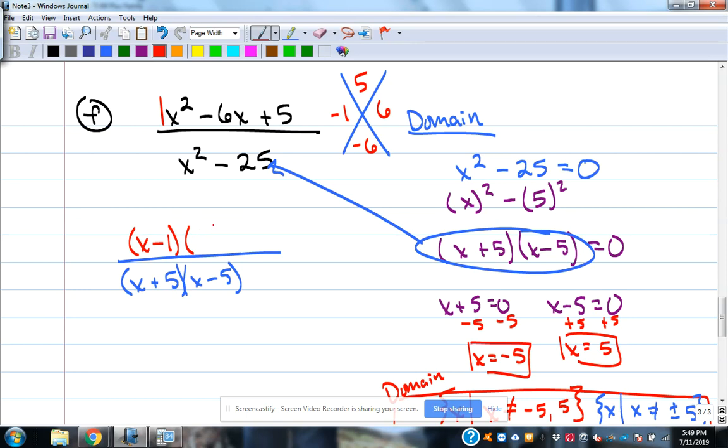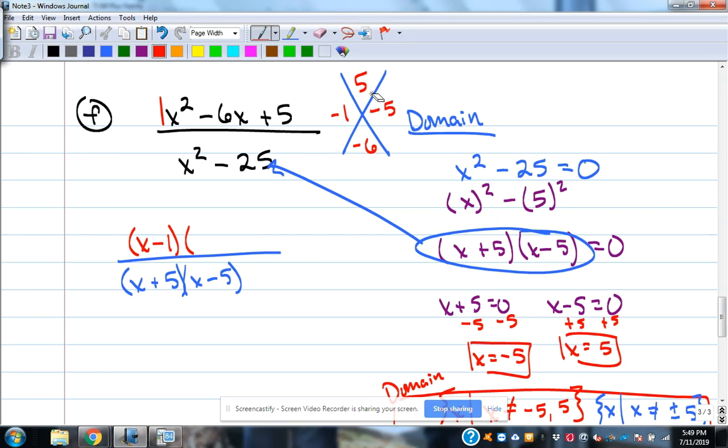Well, it's not 1 and 6. Back up. It'd be 1 times negative 1 times negative 5, wouldn't it? We've got to multiply to be the top number and add to be the bottom number. I'm sorry, I got in a hurry too, so it's okay.